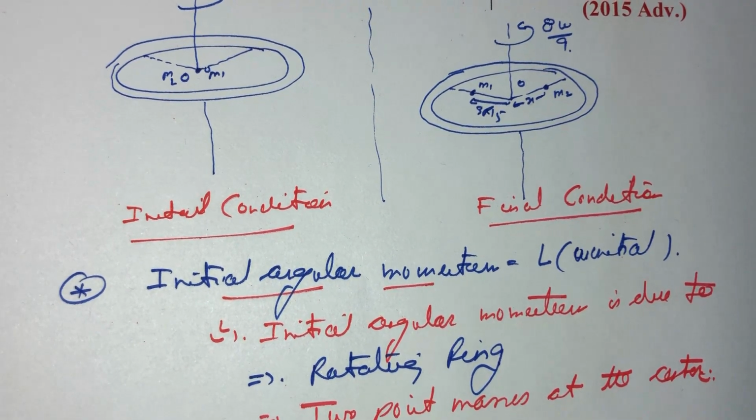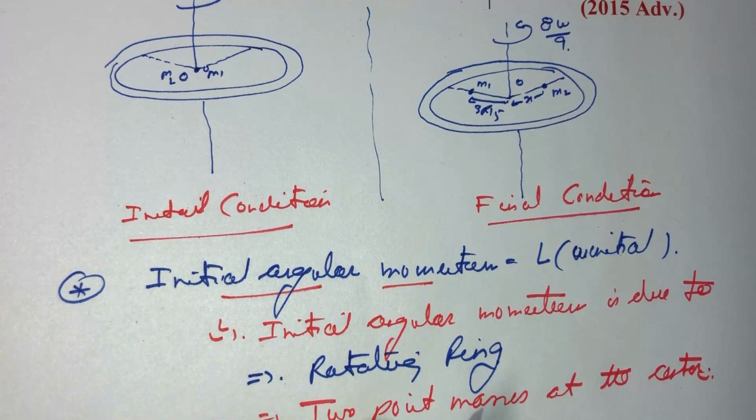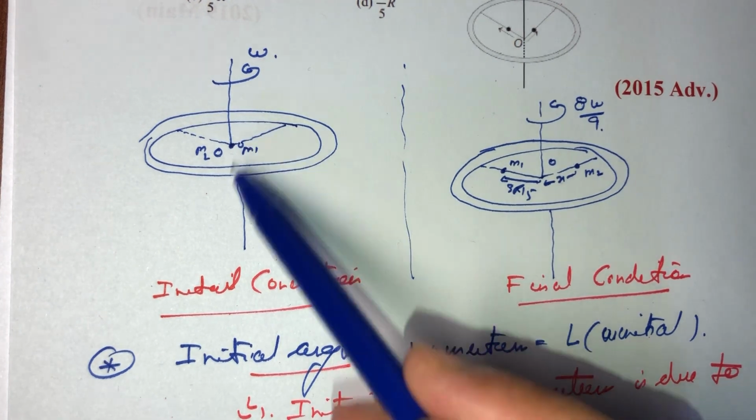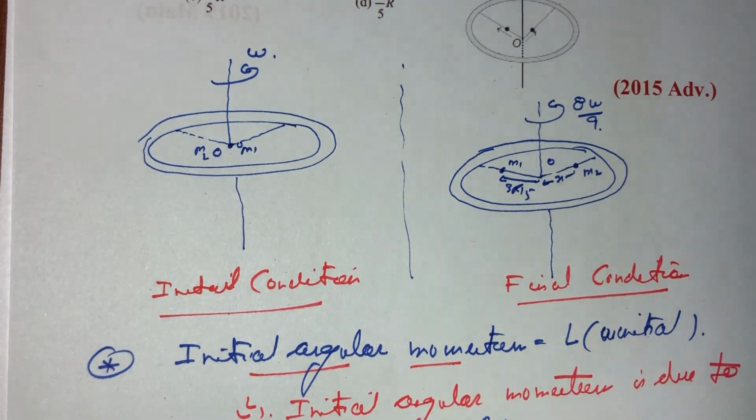Now it is given that the 2 point masses are lying exactly on the axis of rotation.